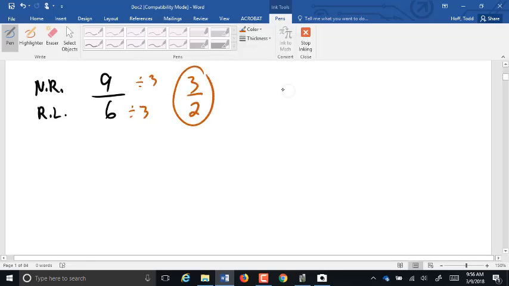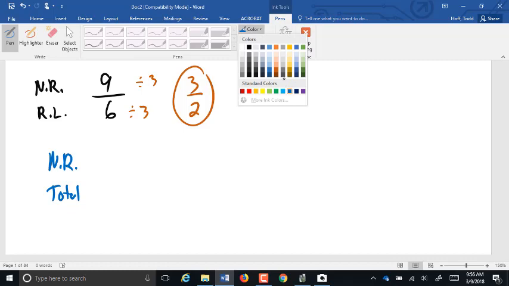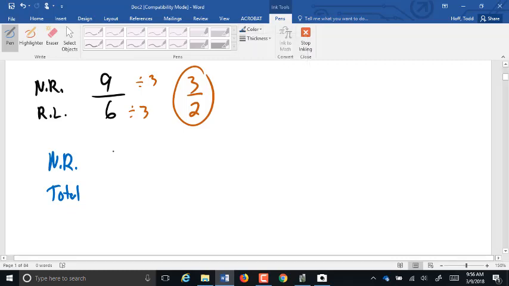But there are other ratios hidden in that ratio. I could create the ratio of New Richmond students to total students for the course. Well, how many students are in New Richmond? Still 9. How many total students would be in the course? Perfect, 15. If there's 9 in New Richmond and 6 at Rice Lake, that adds up to 15 total.